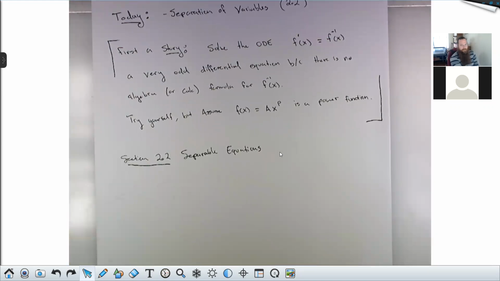What separable means is that you can split up the differential equation into all y stuff on one side and all x stuff on the other side. And then you can integrate on both sides with respect to the respective variables. And that'll get rid of your derivatives in the differential equation. So this only applies to first order equations.